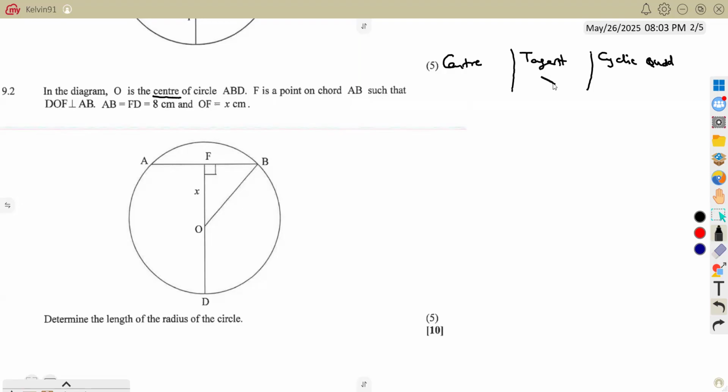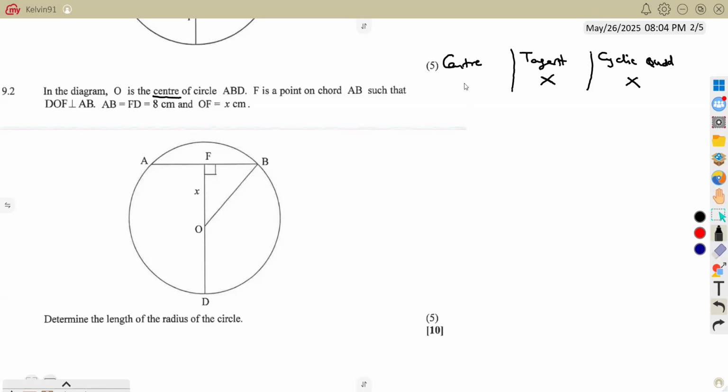We are not having a tangent on the circle, nor 4 points on the circumference or a cyclic quad. So we are restricted to the center theorems. On center theorems, we have angle at center is twice angle at circumference, which is not shown here because we don't have an angle at the circumference. We also have angle in a semicircle, which is again not here because we must have a diameter.